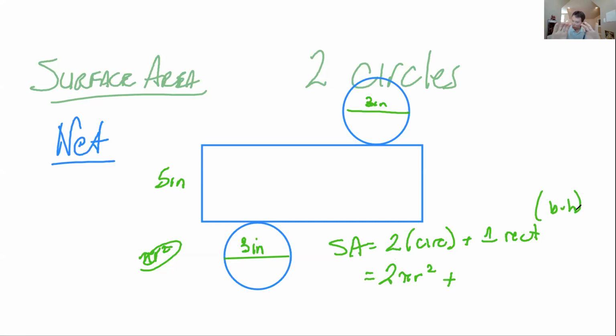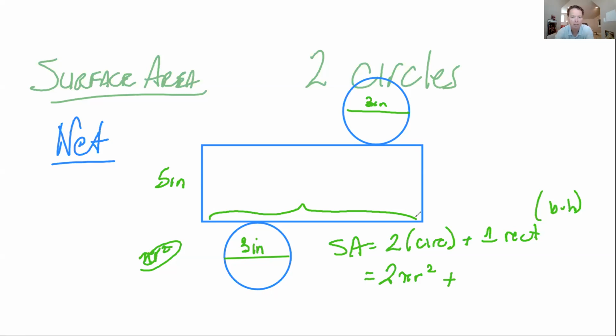Well, this length, watch carefully, this length wraps around the entire can, yeah? It wraps around the entire can, so this distance right here has to be the circumference of this circle. There's the height, but it wraps around a distance of this circle.